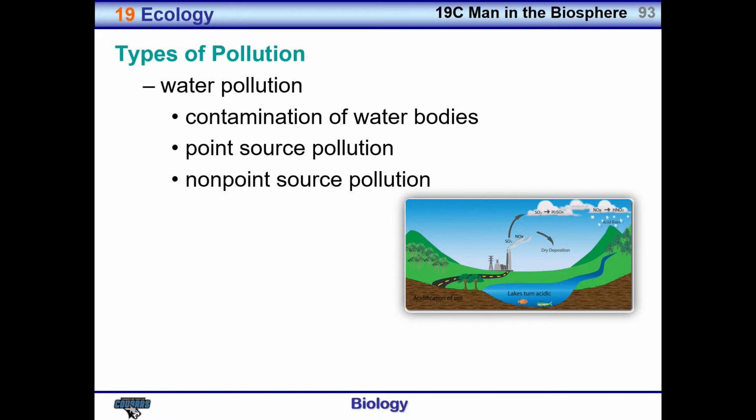as in the example shown over here, we have power plants that burn coal, and part of coal has sulfur in it, and when the coal burns, some of the nitrogen in the air also forms some nitrous compounds, and as they come out of the smokestack, they enter the atmosphere.